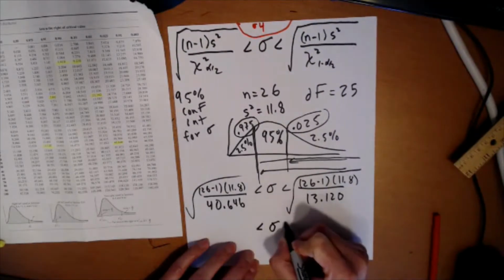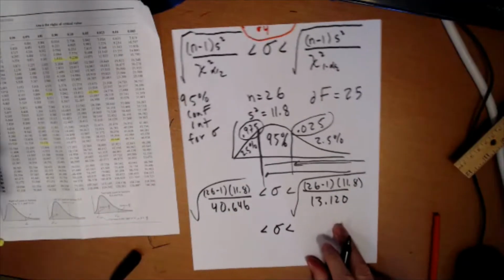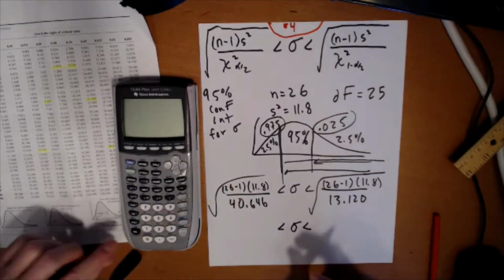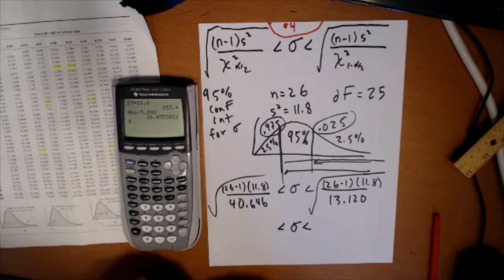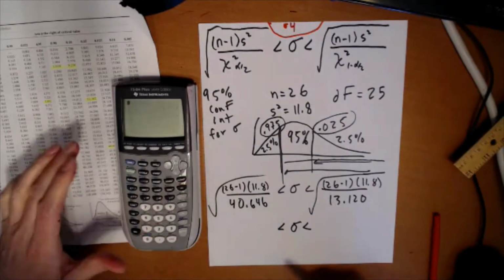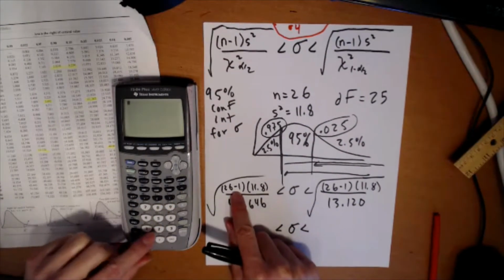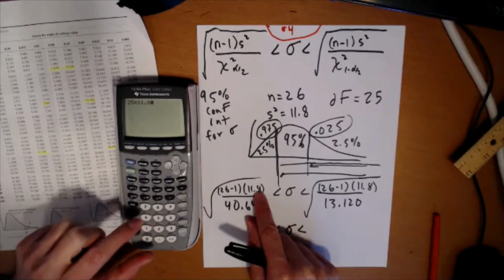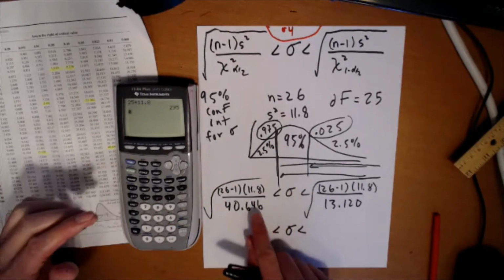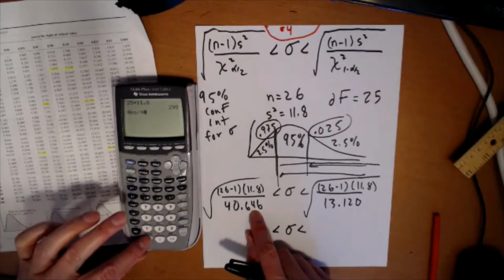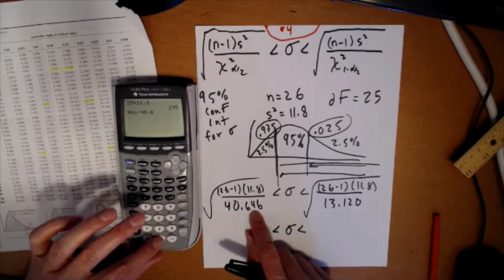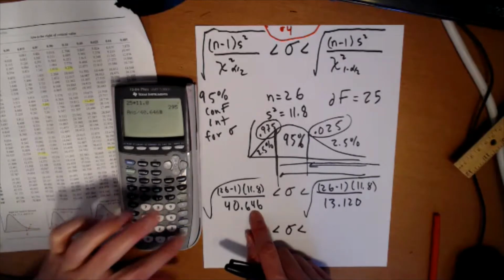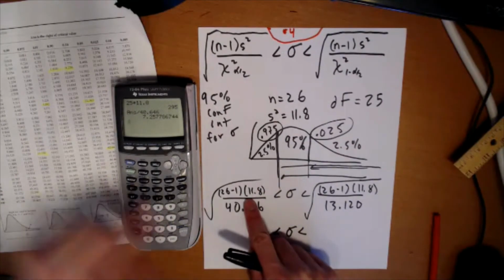Sigma is between, and now we go to our calculator. Here's how I would do it. I like doing the square root last, so I would just go 26 minus 1 is 25, times 11.8, enter. I break it up into a lot of steps, divided by 40.646, enter. And now I need to take the square root of that mess.